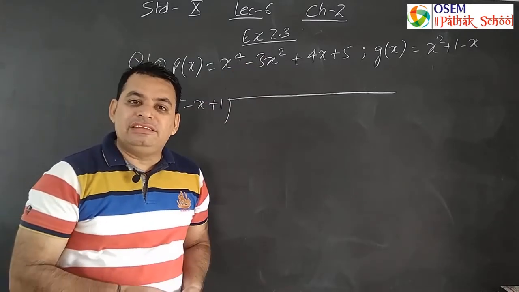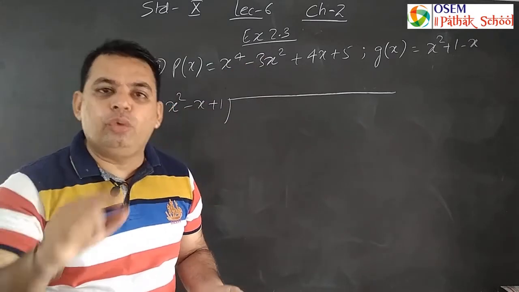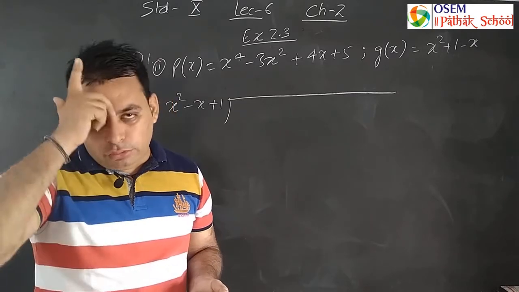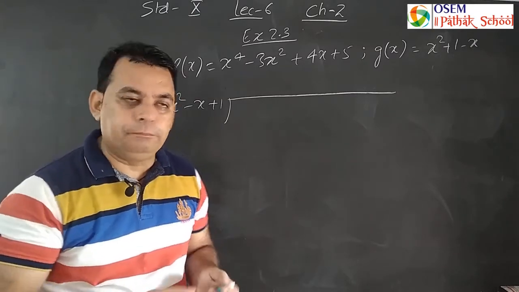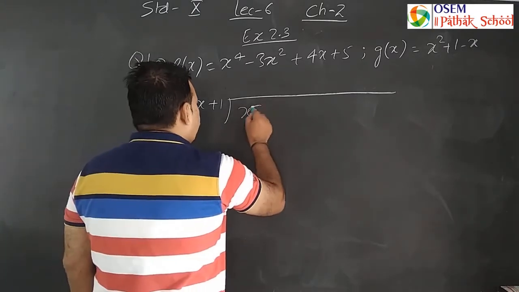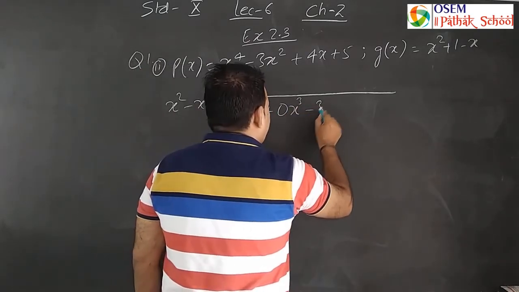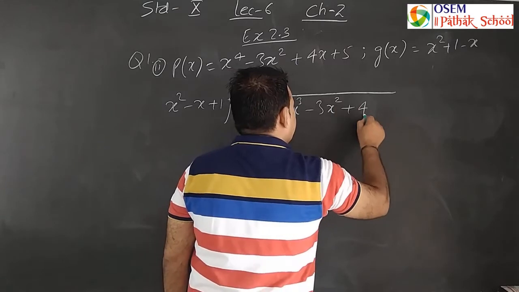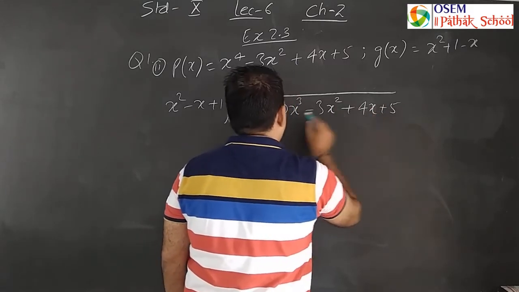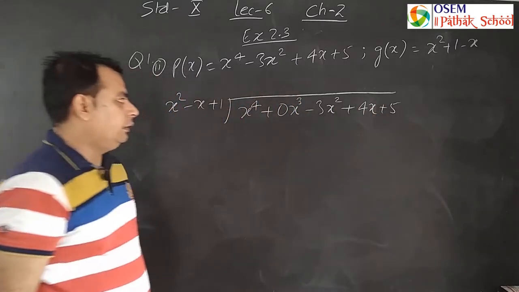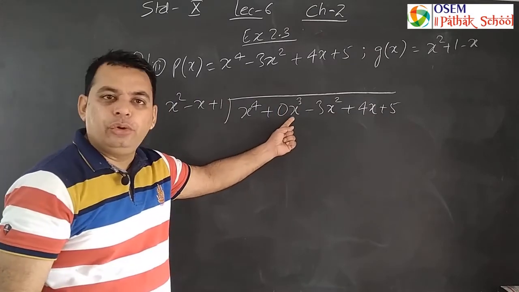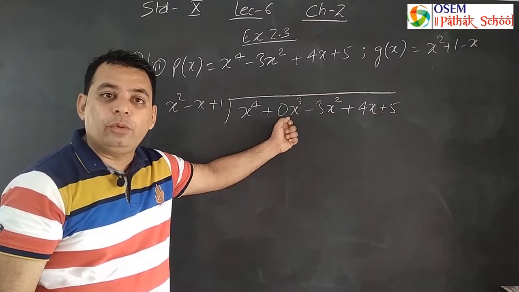If you get this type of question, place 0 with that term because 0 into x cube will be 0. So x^4 plus 0x cube minus 3x square plus 4x plus 5. I just placed 0x cube because we require it over here.